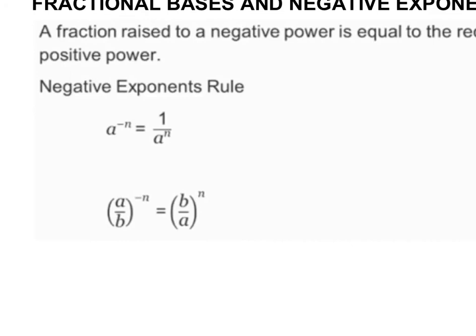Let's use the same concept. If I'm going to put this over 1, then to go from this side of the equation to this side, all I'm doing is taking my exponent, a to the negative n, and putting it under here and making it positive.